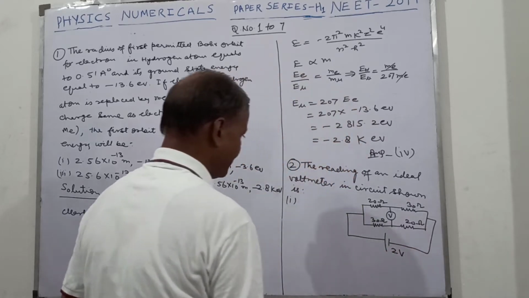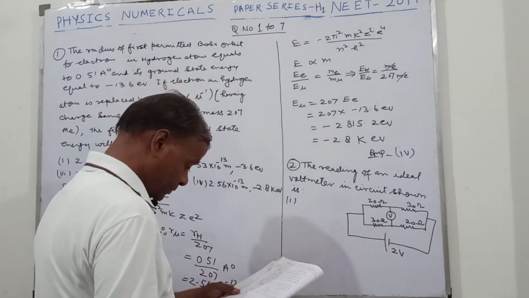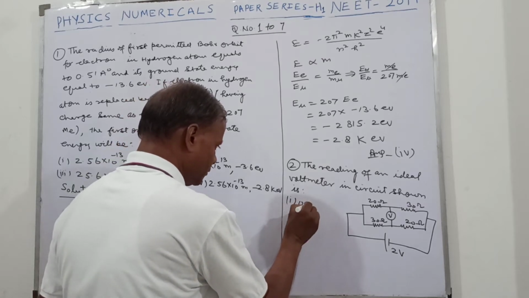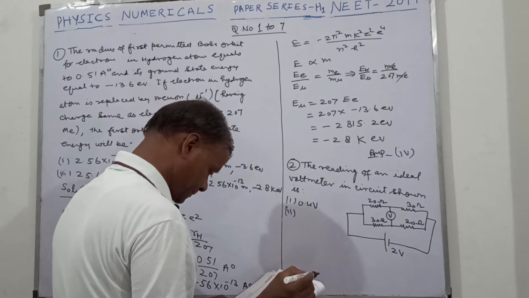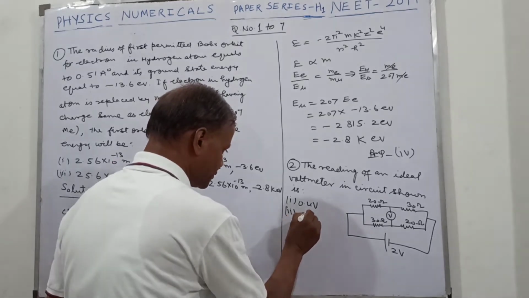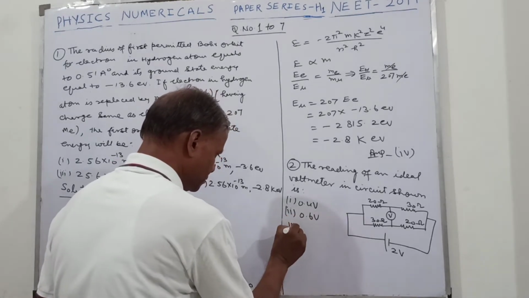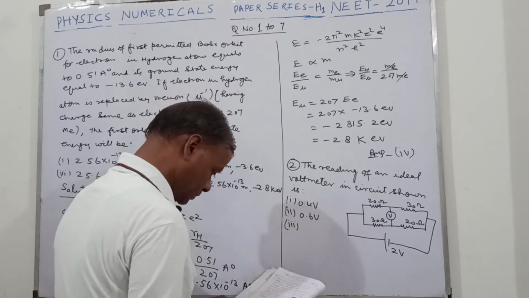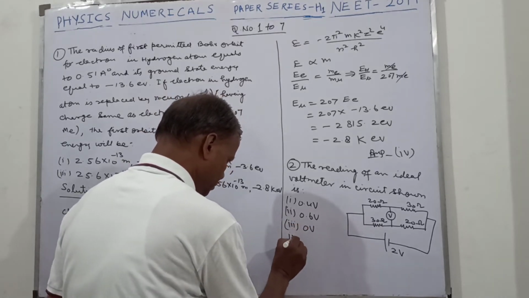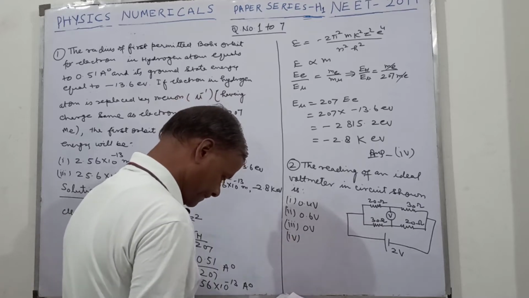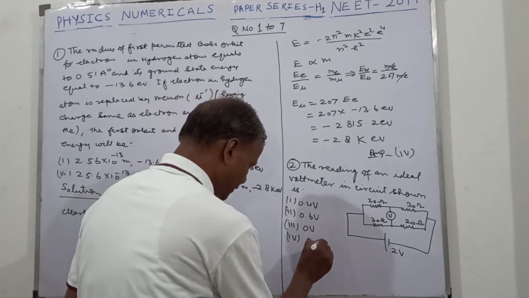Now your first option is 0.4 volt, second is 0.6 volt, third is 0 volt, and fourth is 0.5 volt.